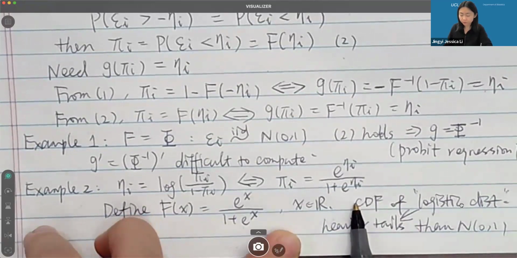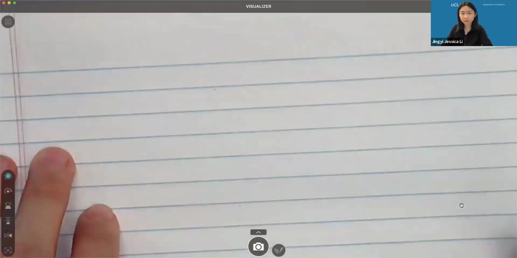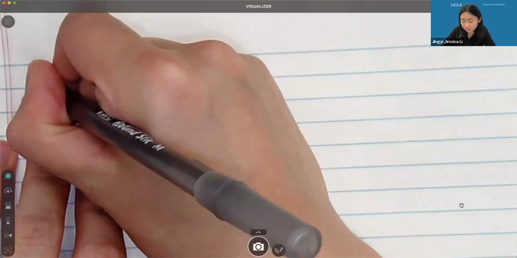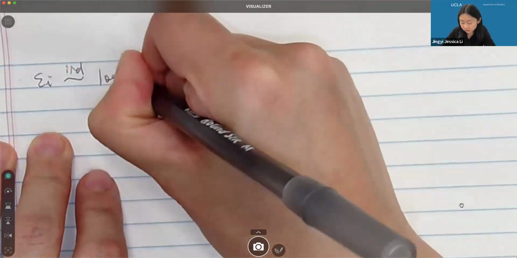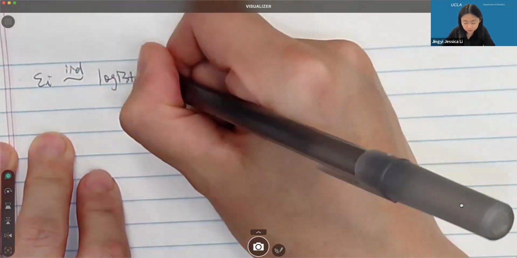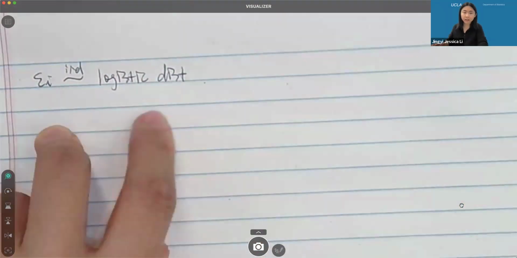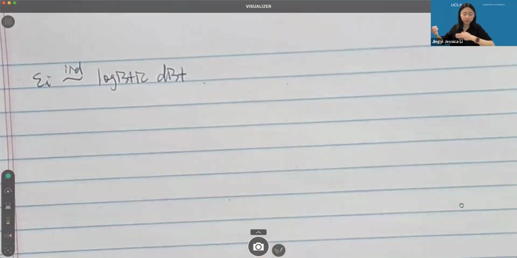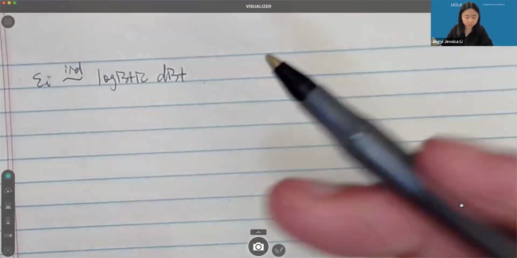If we write that the epsilon i's are IID logistic distribution, and of course it can have its own tuning parameter, but here we're just using the most standard one, so there are no other parameters.